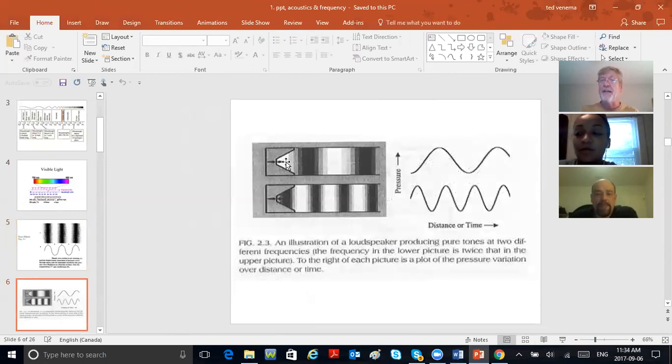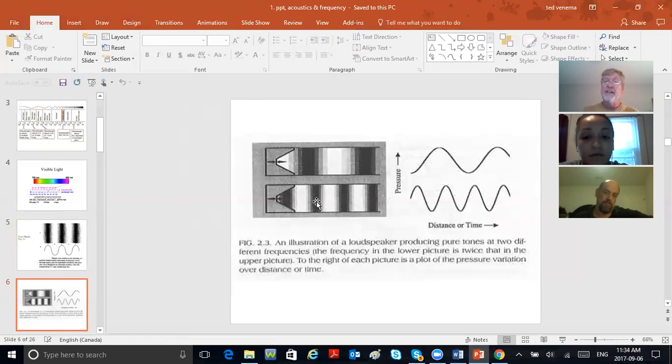Okay? And then we gave another example out of a speaker. Here's a speaker making a low frequency sound, and this speaker making a higher frequency sound. And notice here, 1 rarefaction, 1 condensation, 1 rarefaction, 1 condensation is shown by a down, an up, a down, and up. So you've got like 2 cycles here.